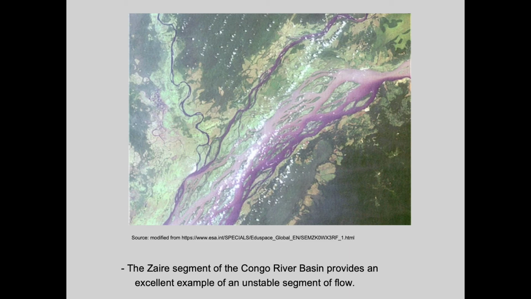Here is a Landsat image of a section of the Congo River Basin. In this case, this would be associated with the northwestern border of what is today modern Zaire. It demonstrates how braiding can occur and how it can have, on a very large scale, a pretty significant impact on the development of a fluvial landscape.